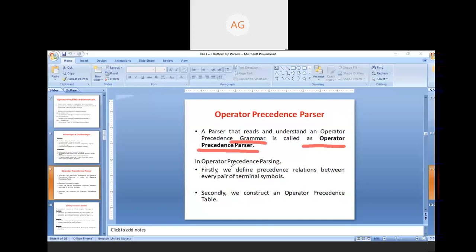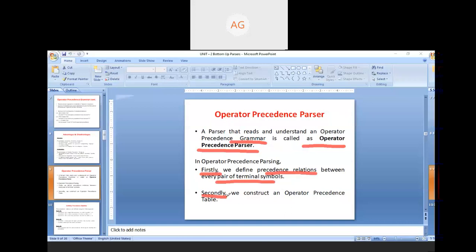In operator precedence parsing, there exist two conditions. Firstly, we define precedence relations between every pair of terminal symbols. It means for every pair of terminal symbols we need to define a relation between them.